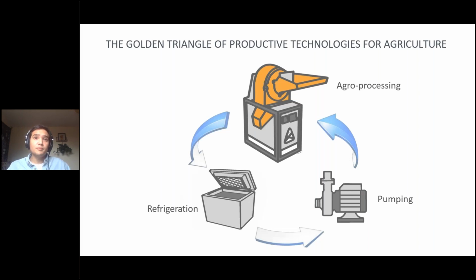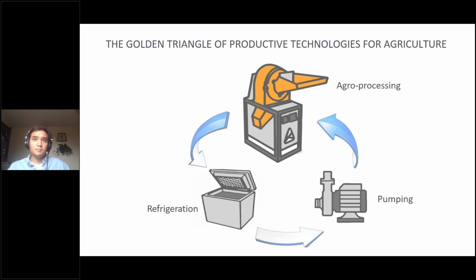So when we are talking about the productive machines, or at least solar productive machines that can serve the agriculture value chains, it's typically recognized that these three groupings of technologies present the greatest potential for impact and to catalyze this second wave of energy access.